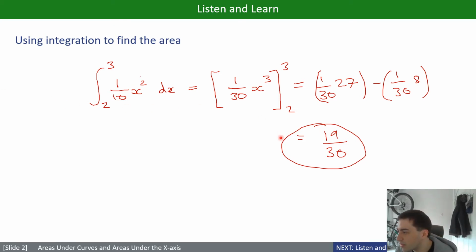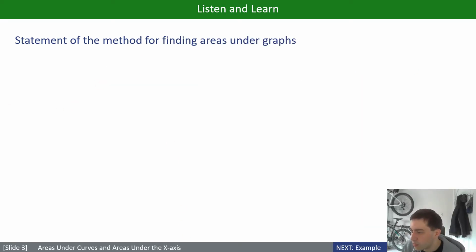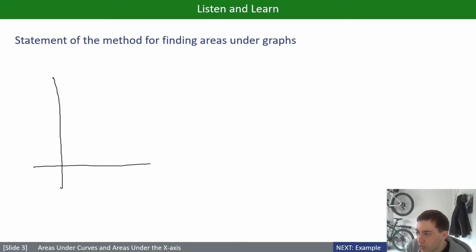So I'm just going to define this rule now a bit more specifically so we can see how it works in general. So this is the general case of the kinds of problem that you can now solve using the tool of definite integration.